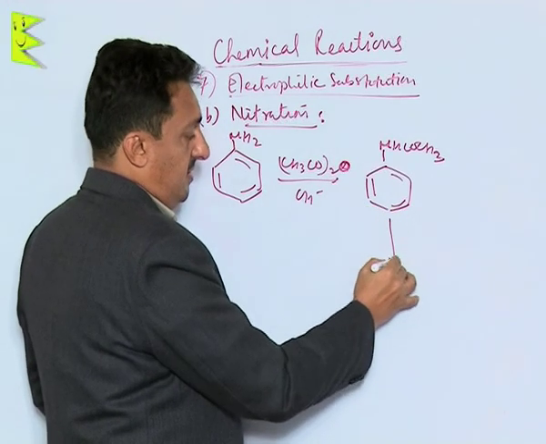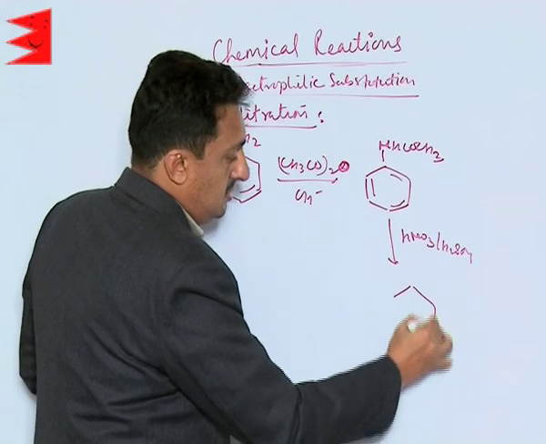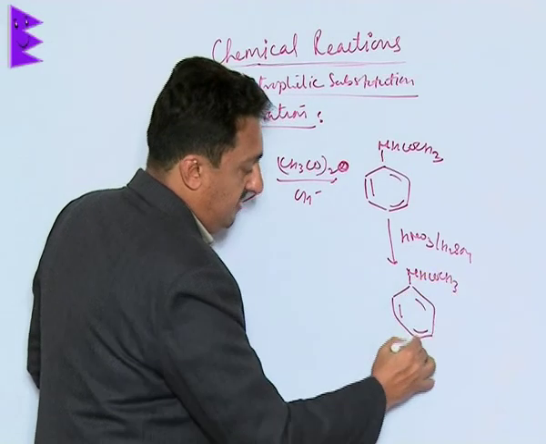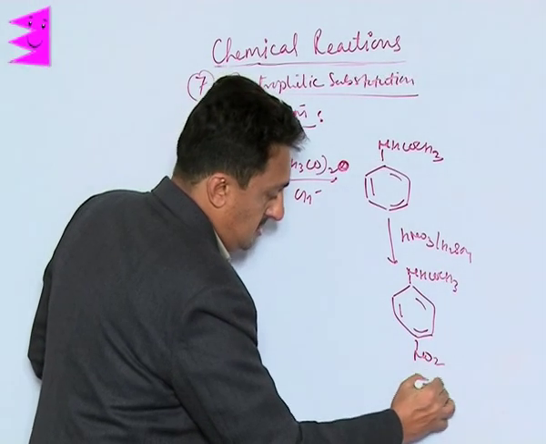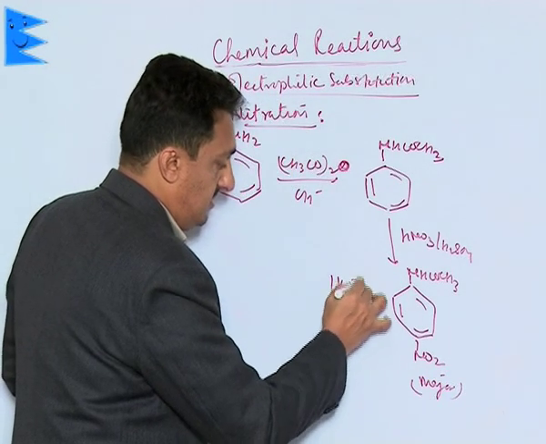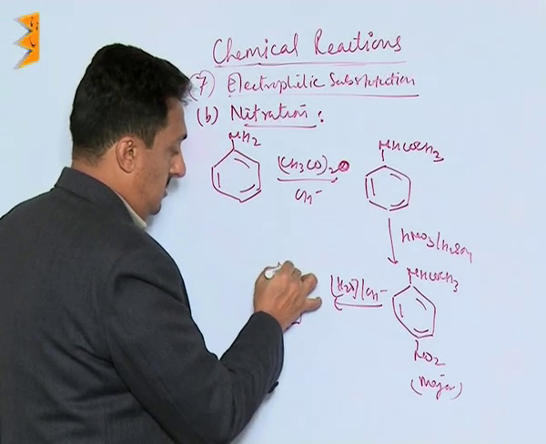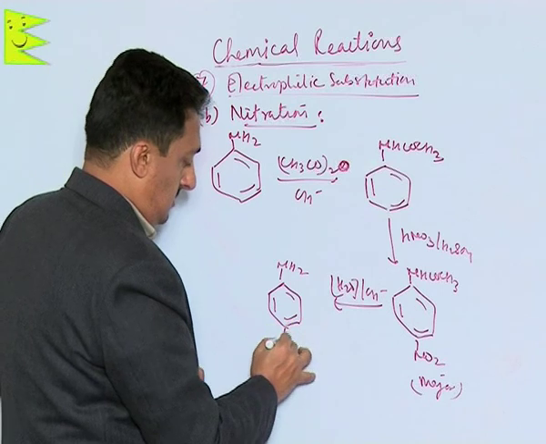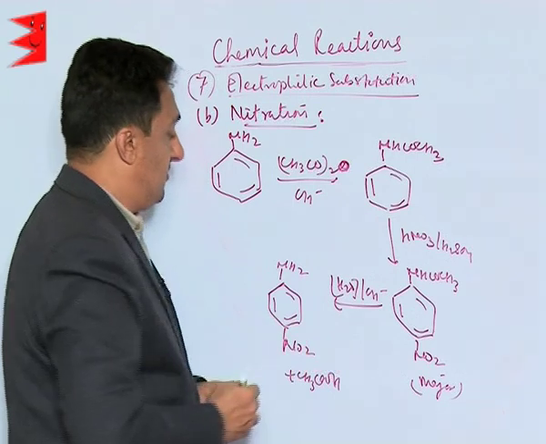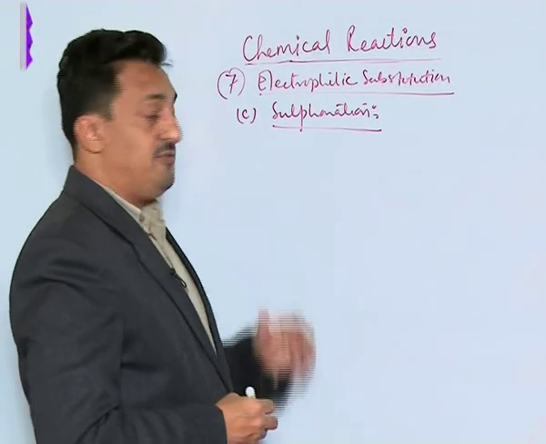Now this on nitration will give us para as the major product. Now this on hydrolysis will give us para-nitroaniline.